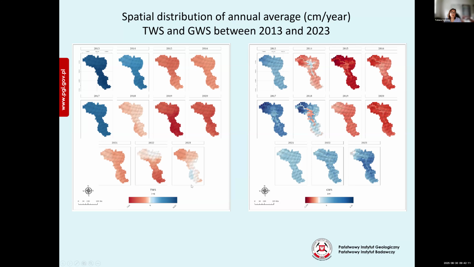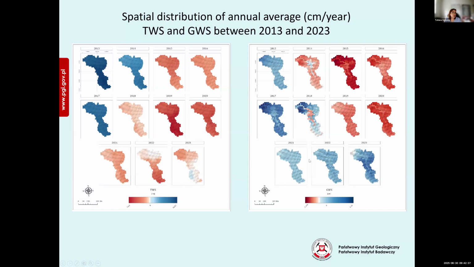In contrast, groundwater storage reflects local characteristics, corresponding to the heterogeneity of water cycle transformations influenced by surface properties and hydrogeological conditions.